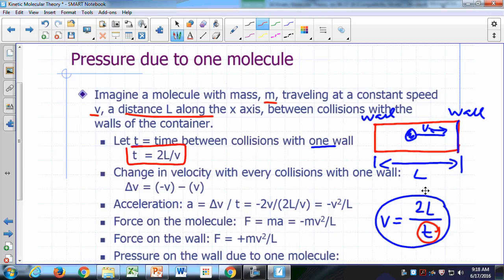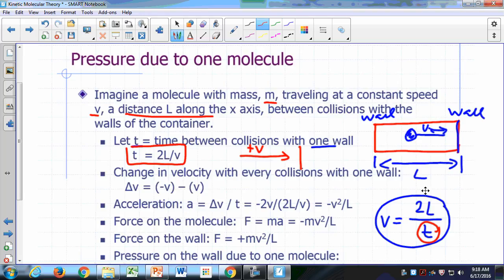Now, the change in velocity with every collision with one wall is negative v minus v. What does that mean? If it's moving with speed v initially, then we take the velocity as positive in that direction.